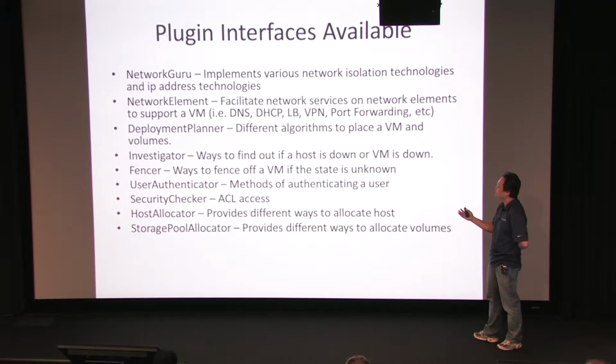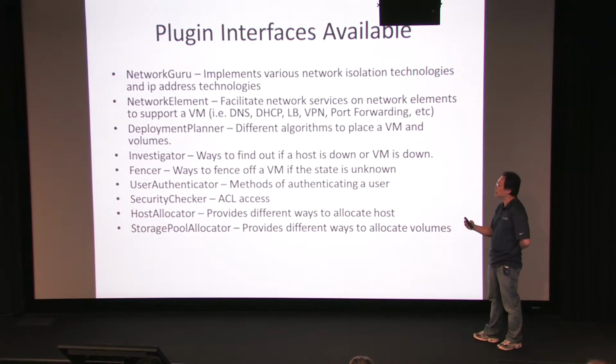We also have the idea of a deployment planner, where people have different ideas about where a VM should be deployed and where its volume should be created. HA also has its own plugins where people can write code that says, in order to see whether or not a VM is down, I can do this for you.